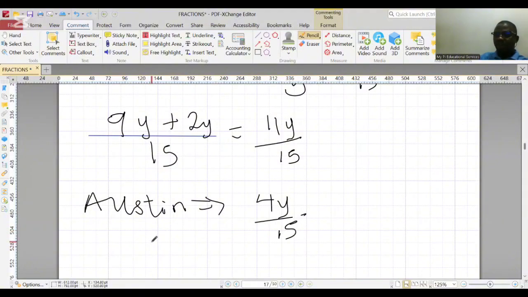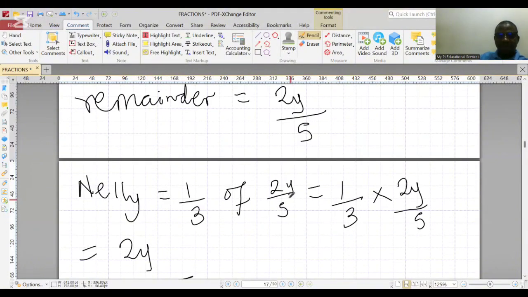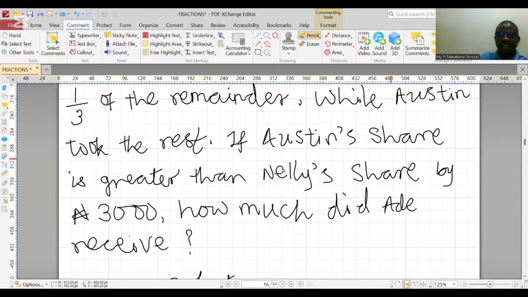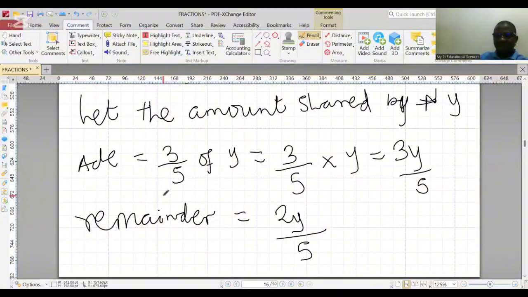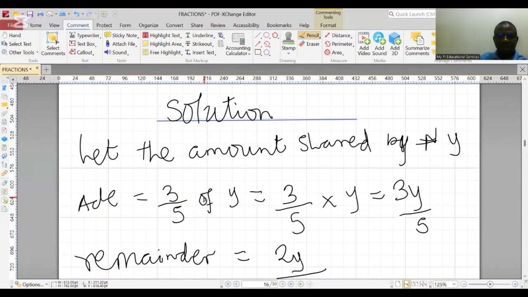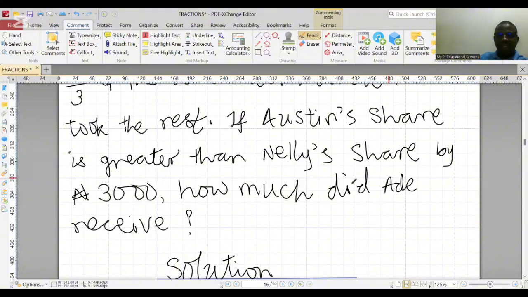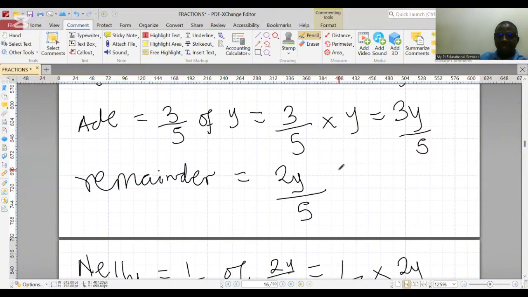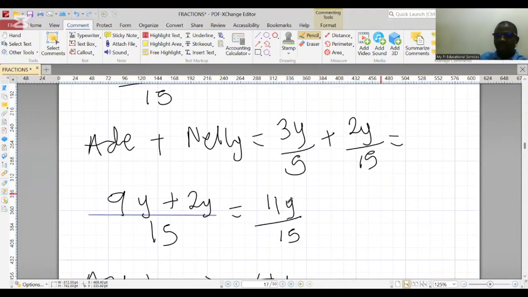So now let's move on to the next one. The next question now says that if Austin's share is greater than Nelly's share by this. So let's analyze that. So Austin's share, which is 4Y out of 15, is greater than, that is minus, Nelly's share. From the question, Nelly's share is 2Y out of 15.